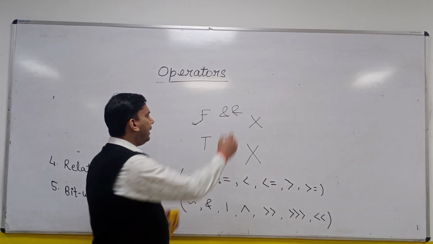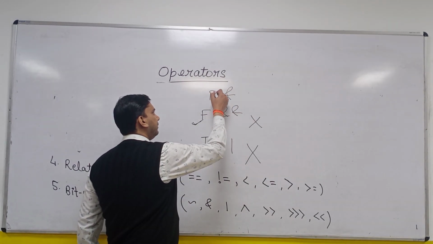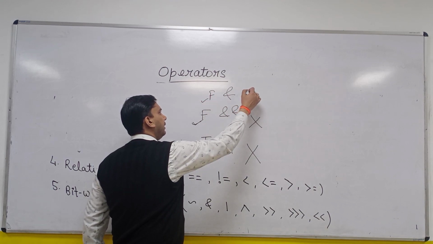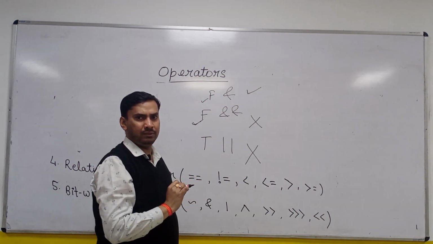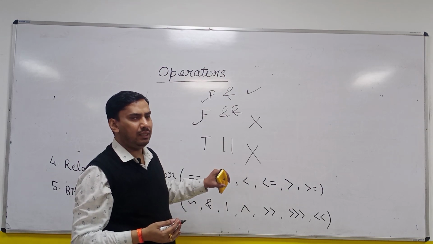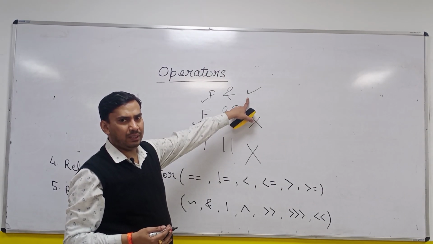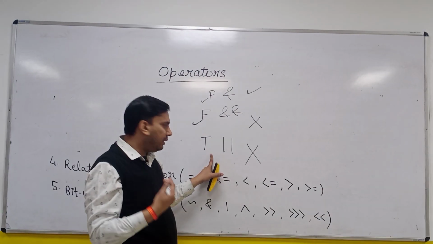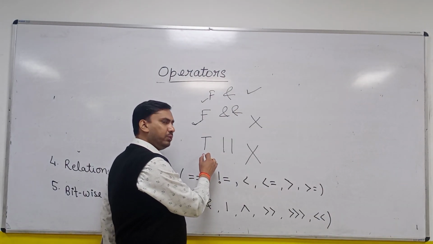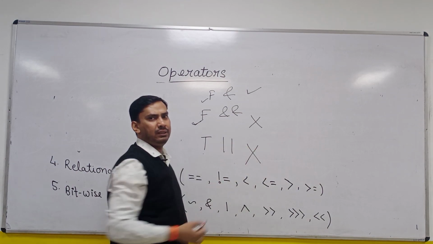But the normal operator, even if the first one is false, will evaluate the second one also. Although it is not going to make any difference here, it will still go to the second part. Same with the OR operator: if the first one is true, it is useless to go to the second half.